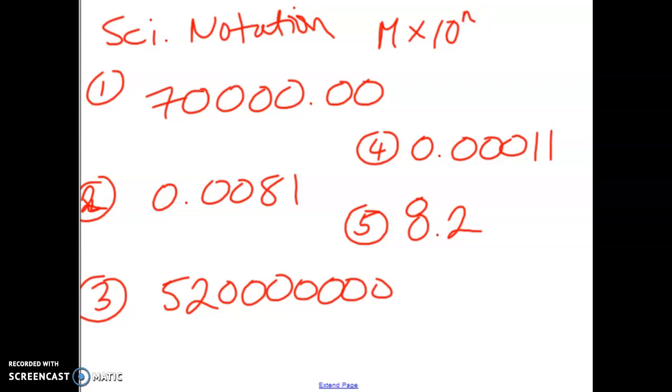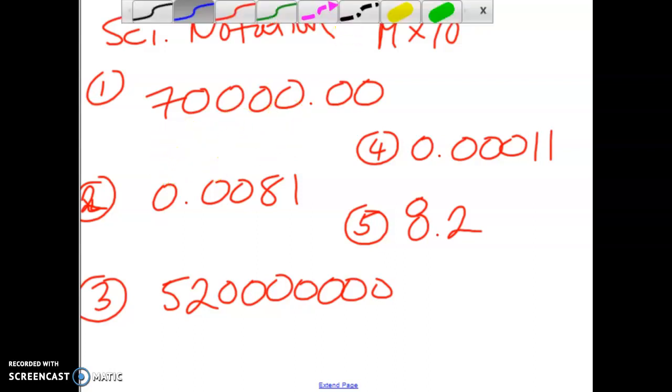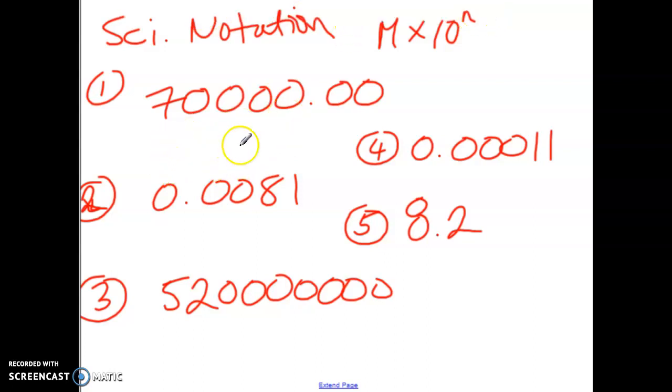Okay, so hopefully you gave this a shot. So let's take this up. We'll do our answers in blue here. All right, so here we have 70,000. So this would convert into 7 times 10 to the 1, 2, 3, 4. So this is acceptable.